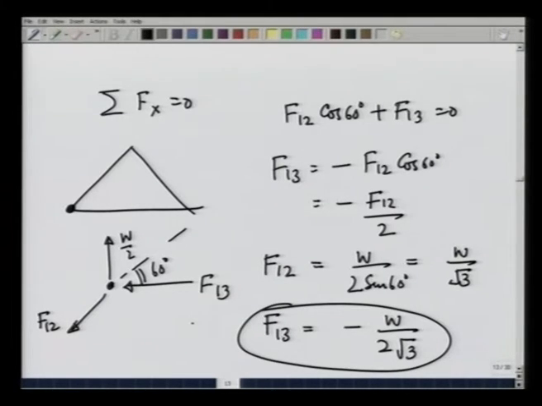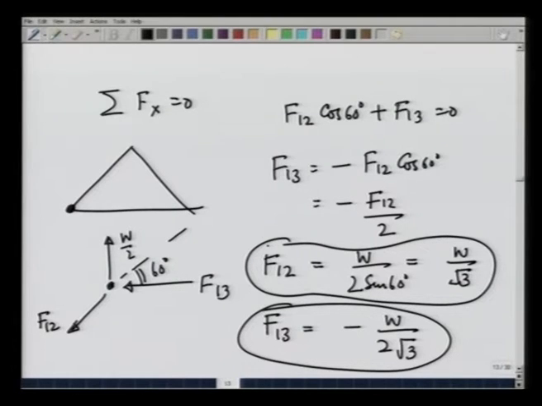I have found the force on member 1 3, I have found the force on member 1 2. To find the force on the third member, that is F 2 3, I have a choice. Either I can go to this point or this point and consider the equilibrium conditions there.